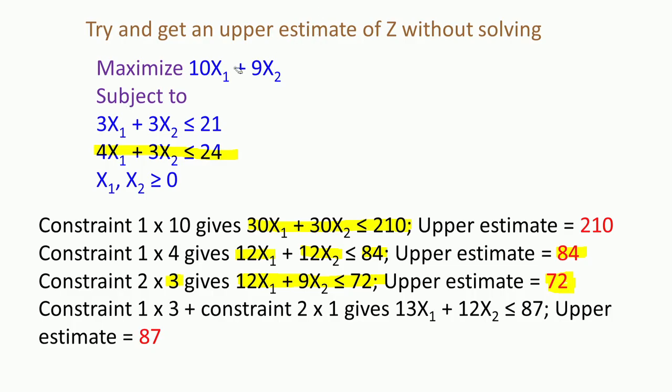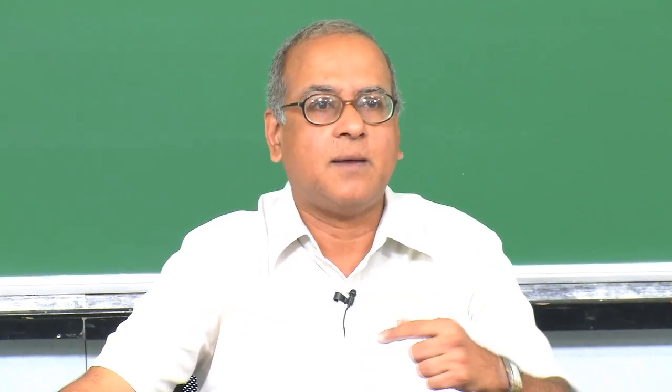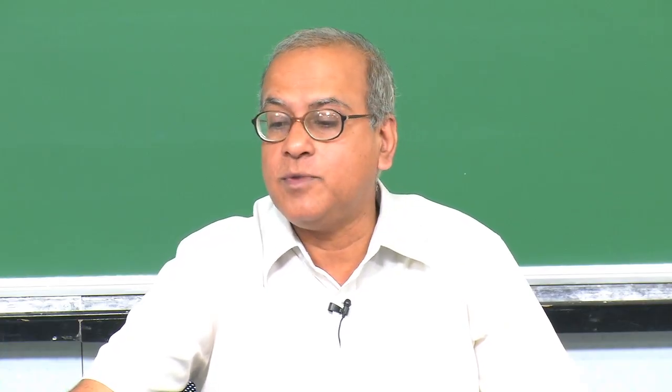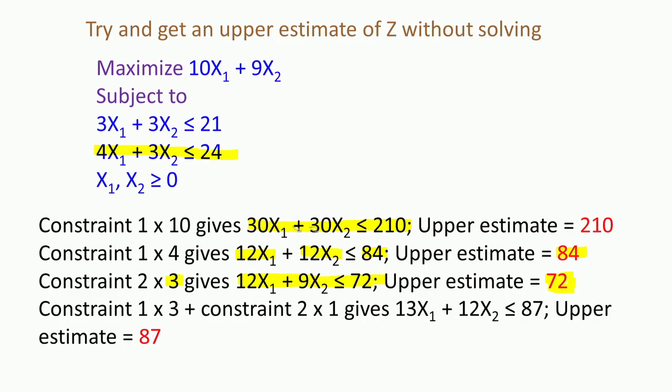So far we have multiplied it with a positive number, or we may generalize it and say by a non-negative number, and by doing so after multiplication, if the coefficients after multiplication are individually greater than or equal to that of the objective function, then we could say the right hand side obtained after the multiplication is an upper estimate. In this case we multiplied by 10, the right hand side happened to be 210, the individual coefficients were greater than or equal to 10 and 9.